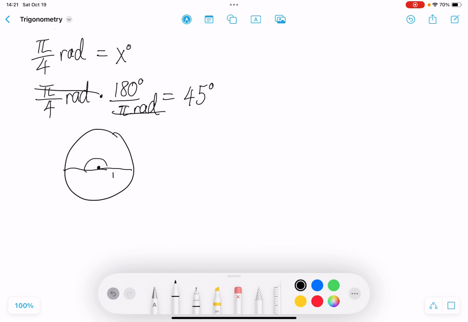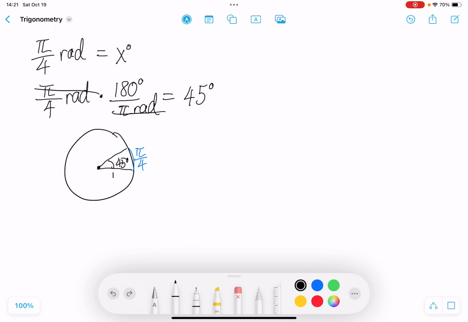So 180 degrees is pi length of the circumference. And if we halve that again, we have 90 degrees, or pi over 2 of the circumference. If we halve that again, we have pi over 4, or 45 degrees of the circumference, which is what we want. So the answer is just 45. So this is just pi over 4 of the circumference.